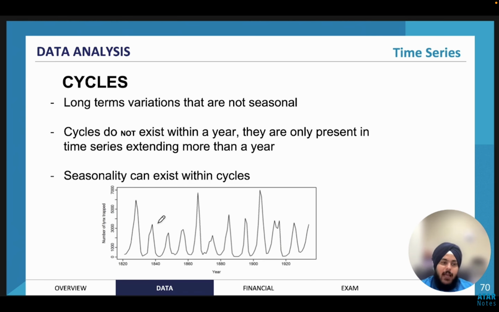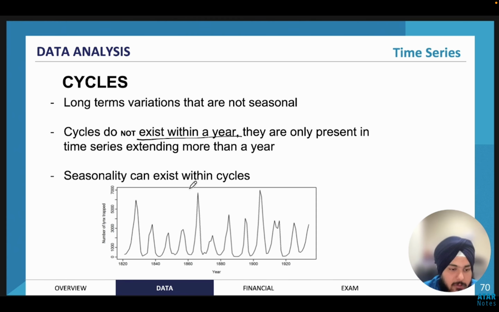This is different to a cycle. Although a cycle does have ups and downs, this variation occurs across a variety of different years. So although there are peaks and troughs, they're not going to occur within the same year. They're going to occur across a range of years.